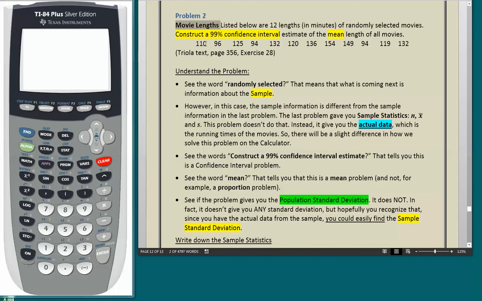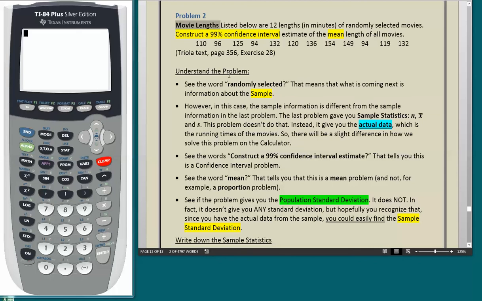And here you see, this movie was 110 minutes long. We don't know what movie it was, but that's how long it was. This movie was 96 minutes long. This movie was 125 minutes long, and so on. They do that for 12 movies. They tell us how long each one was in minutes. And this problem comes, again, right from the Triola text, page 356, exercise number 28.